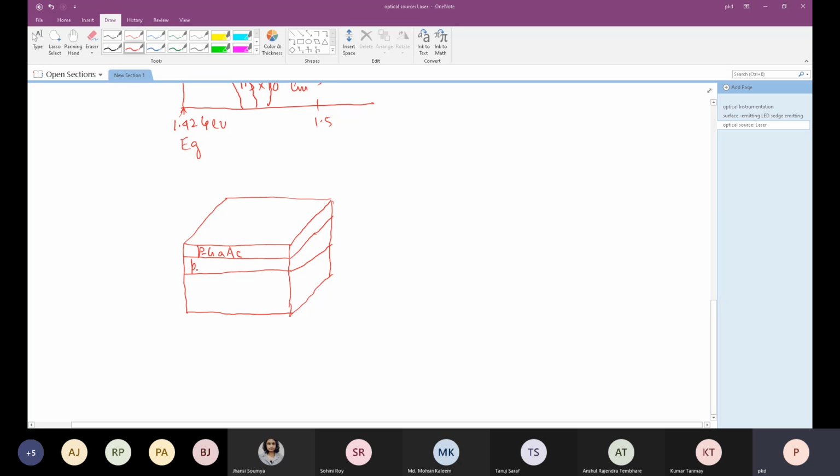P-type gallium arsenide, then gallium aluminium arsenide, Ga1-yAlyAs.